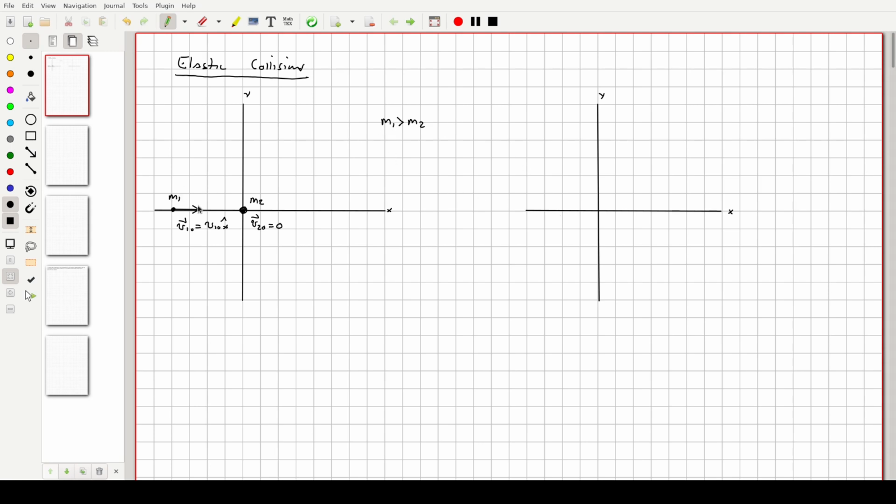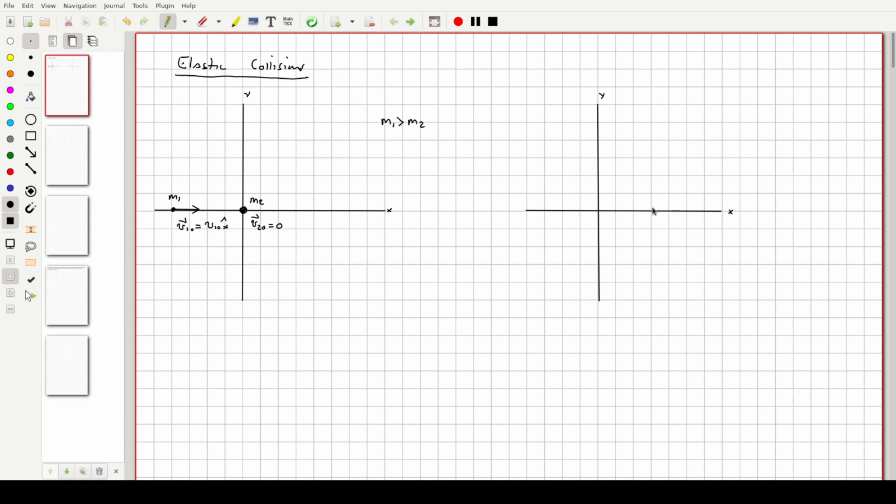So if that's the case, if you think about your experience with colliding things, marbles against marbles, cue balls against pool balls, the thing that has the most mass, if it hits the thing that's stationary, what's going to happen is mass 2 is going to be pushed to the right, while mass 1 continues to the right at a lower velocity.